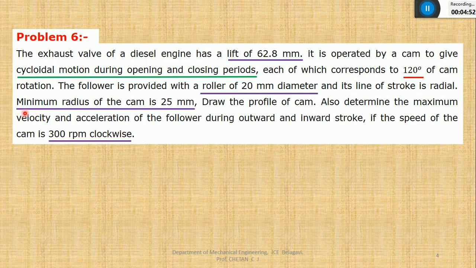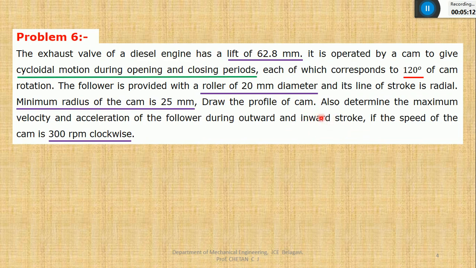One more parameter is given: the minimum radius of the cam is 25 mm. Minimum radius is nothing but the base circle radius. Draw the profile of the cam. Also determine the maximum velocity and acceleration of the follower during the outward and inward stroke. Inward is nothing but the return stroke.